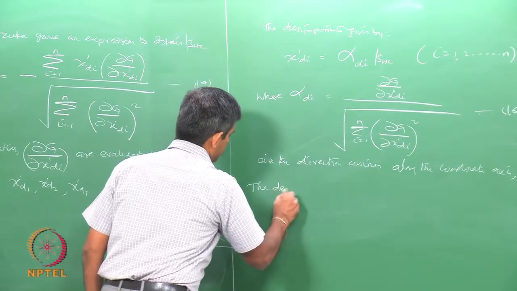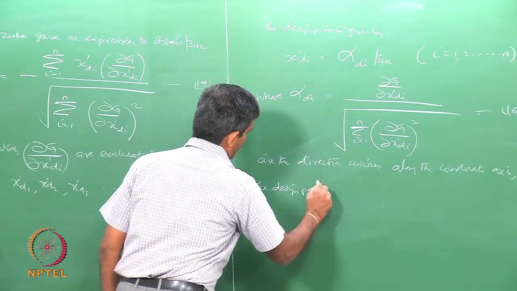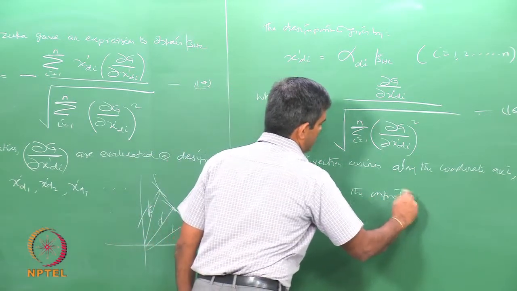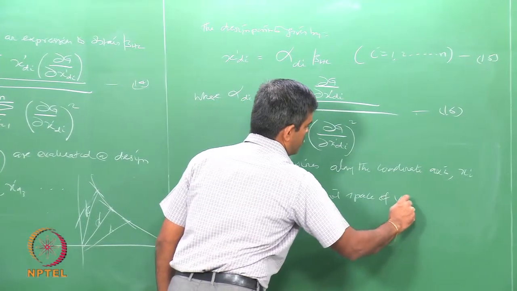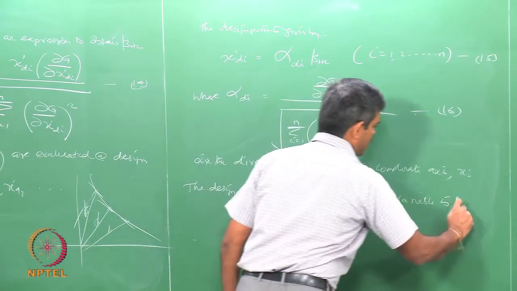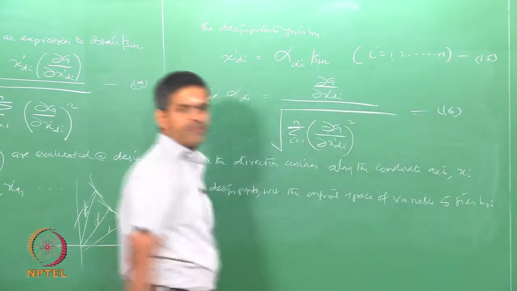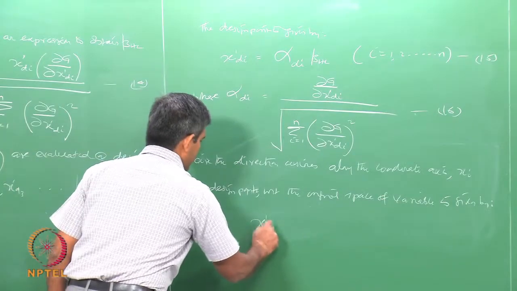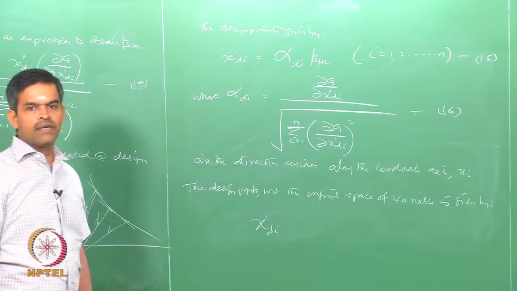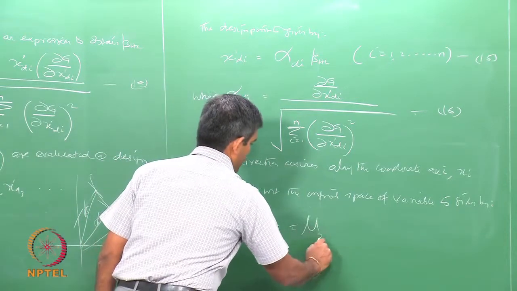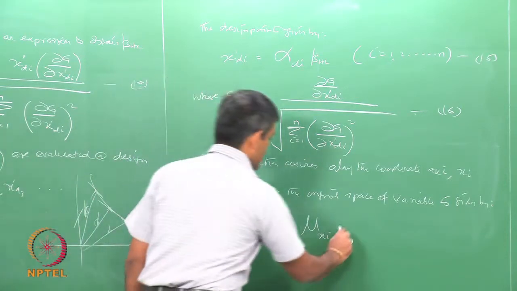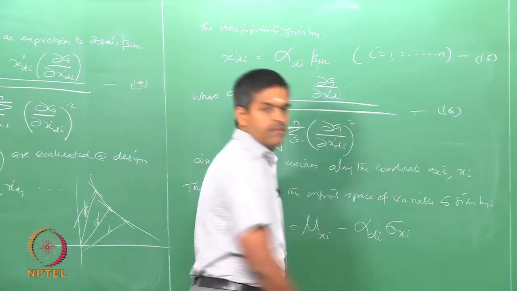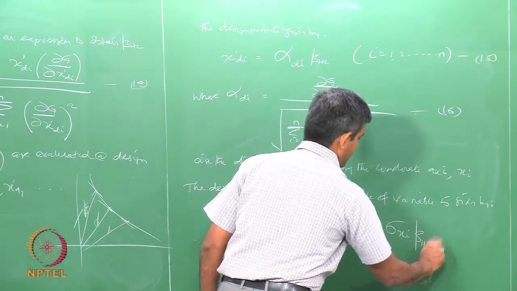The design point with respect to the original space of variables is given by the following equation, which connects x dash di, which is mu xi minus alpha di sigma xi beta HL.